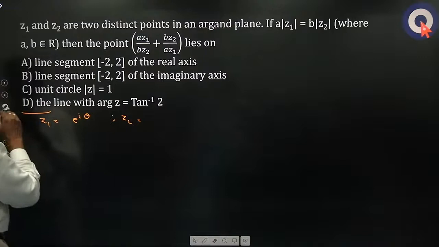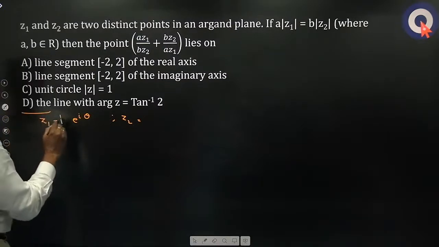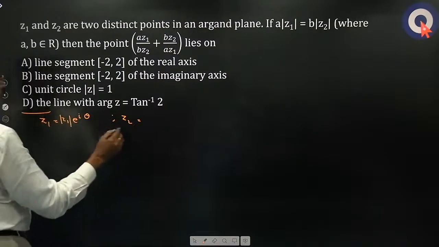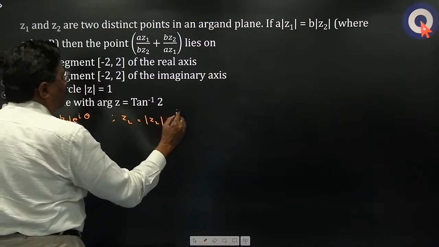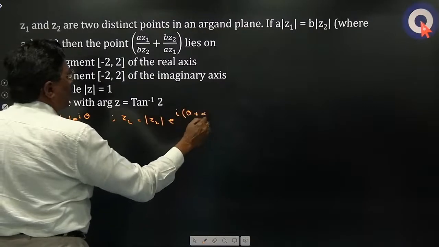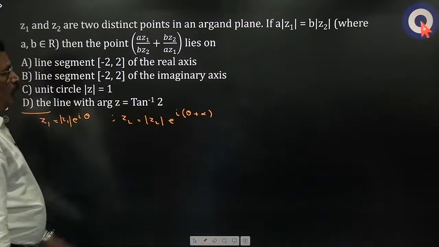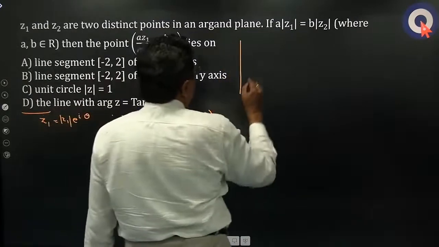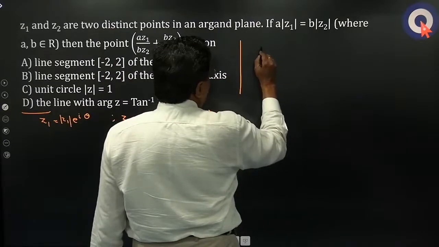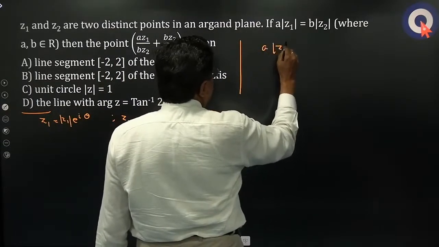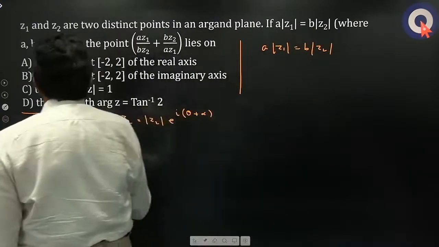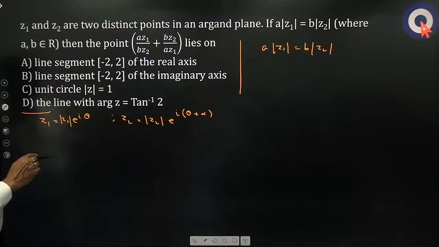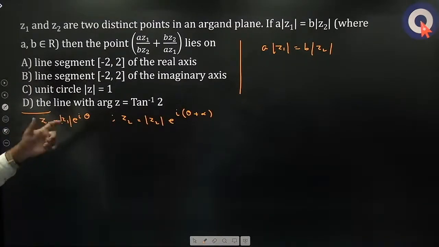So mod Z1 into e power i theta, this is mod Z2 into e to the power of i theta plus alpha. Because you see here, it is given A mod Z1 is equal to B mod Z2. So we can consider Z1 is equal to mod Z1 e to the power of i theta, Z2 is equal to mod Z2 into e power i into theta plus alpha.